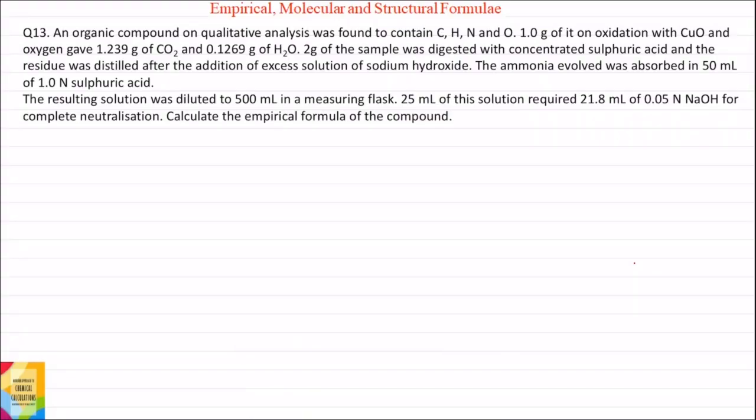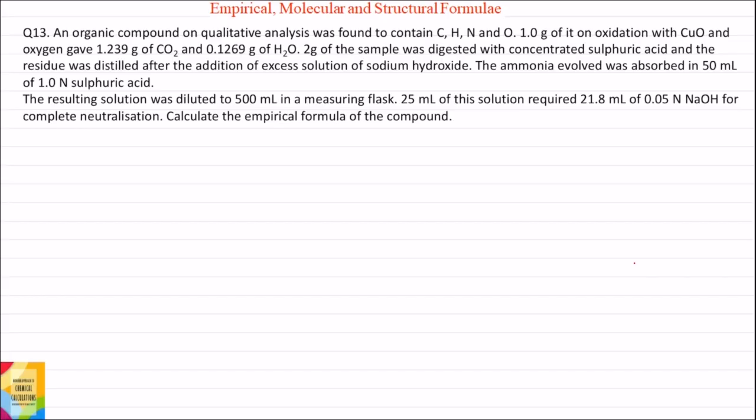Question 13. An organic compound on qualitative analysis was found to contain carbon, hydrogen, nitrogen and oxygen. 1 gram of it on oxidation with copper oxide and oxygen gave 1.239 gram of carbon dioxide and 0.1269 gram of H2O. 2 gram of the sample was digested with concentrated sulfuric acid and the residue was distilled after the addition of excess solution of sodium hydroxide.